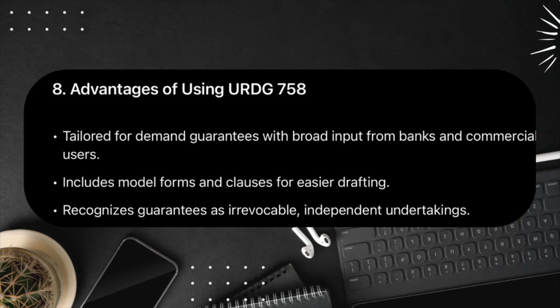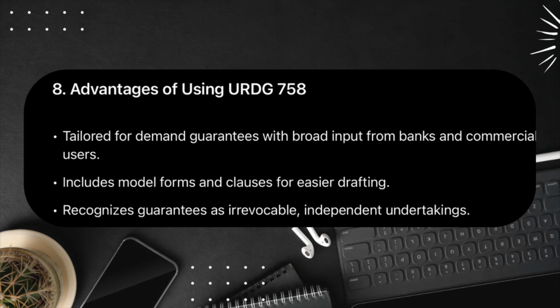The drafting group of URDG 758 was appointed jointly by the ICC Banking Commission and the ICC Commission on Commercial Law and Practice. It was supported on a consultative basis by the ICC Task Force on Guarantees, which had been created by the ICC in 2003 to monitor international demand guarantee practice.